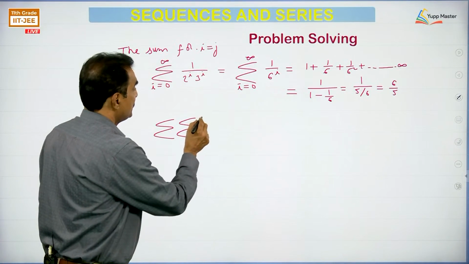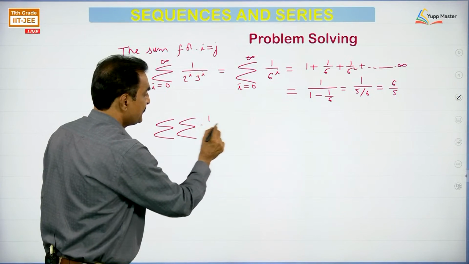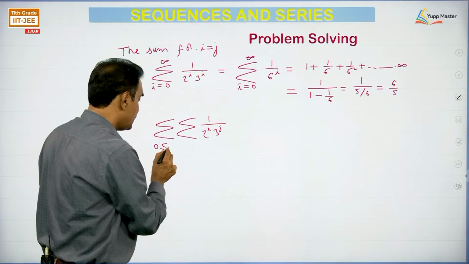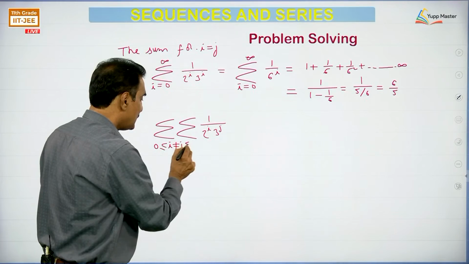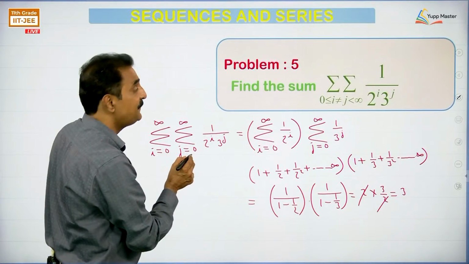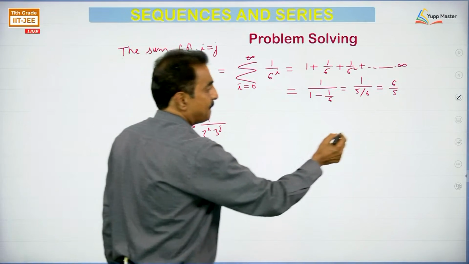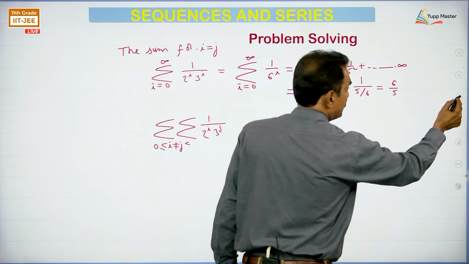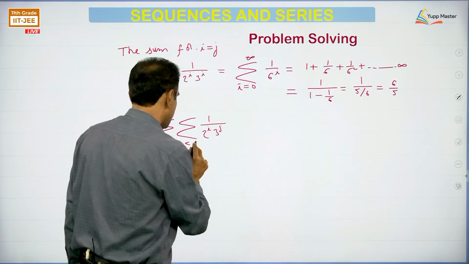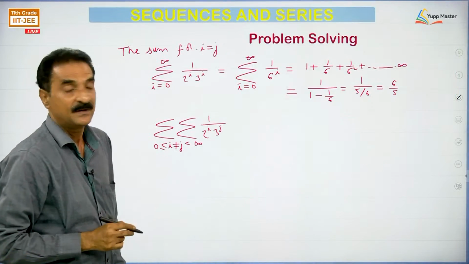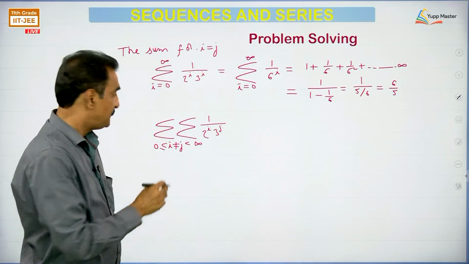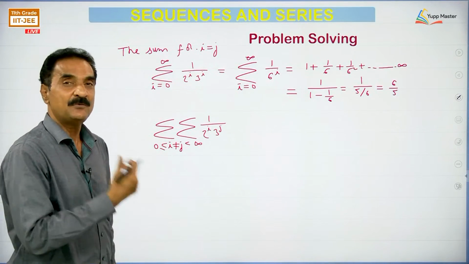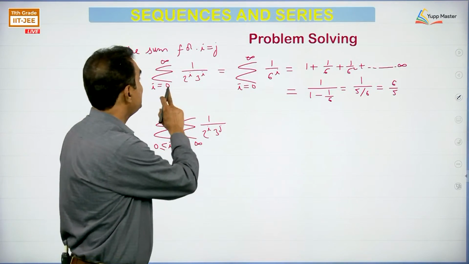Sigma, the same question, 1 by 2 power i into 3 power j, where 0 less than or equal to i not equal to j less than or equal to infinity. If you want this, from the value of the sum for independent i and j, we have to subtract the value of the sum for i equal to j.